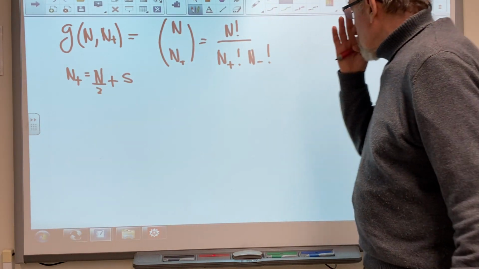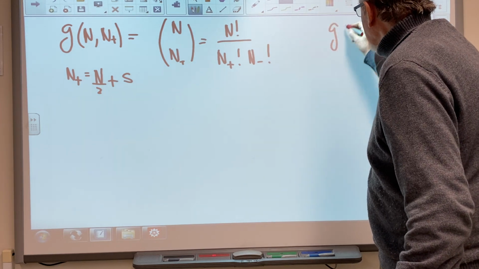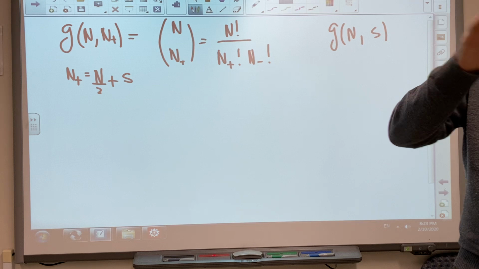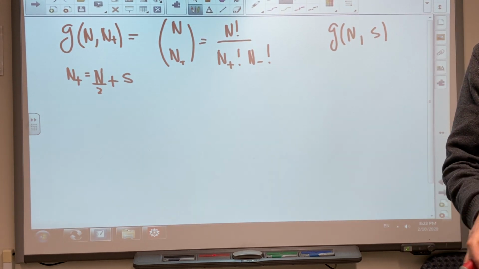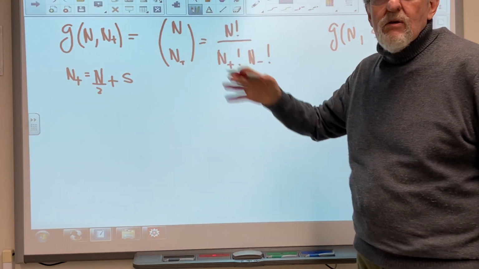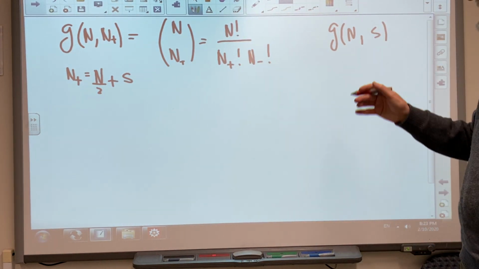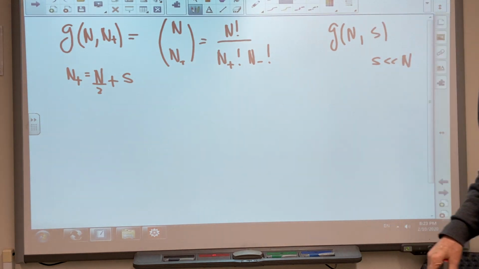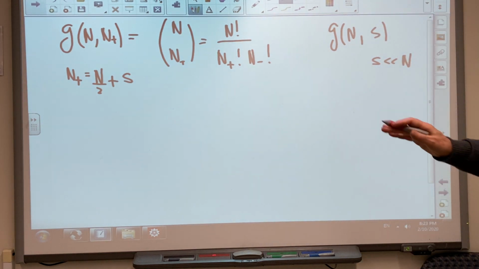But remember, I want to study that function, g of n s, when n is a number too huge to actually write explicitly. It's 10 to the 23, so factorials cannot be calculated. And s is a number which is quite smaller than n. Okay, that's my problem, to approximate that.